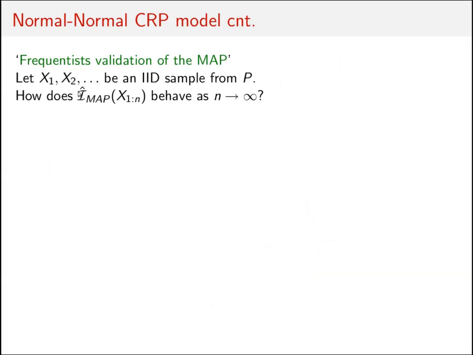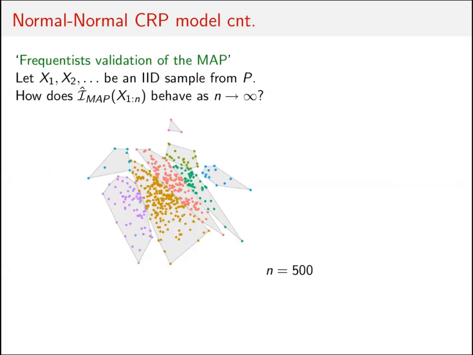I'm asking what the properties of this MAP approach to estimating the posterior are when my data is actually an IID sample from P. The problem with this MAP is that, say I've got a sample of 100 points. This is the MAP, and the convex hulls are disjoint. This is a linearly separated partition. Potentially, adding new points can significantly change the partition.